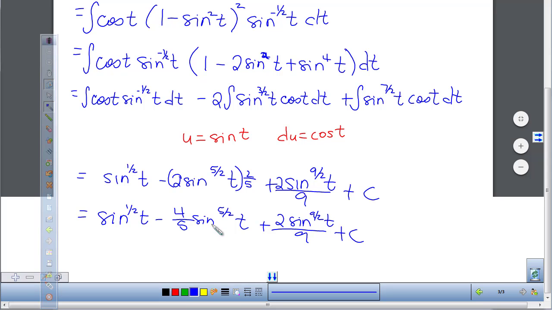Okay, now what was your question? You added 1 to 1/2. I added it to negative 1/2, and so we got positive 1/2. Okay. All right, other questions? Okay, so this seems doable, right? We're just going to have to have some practice.